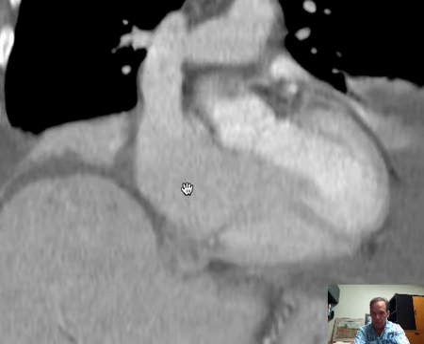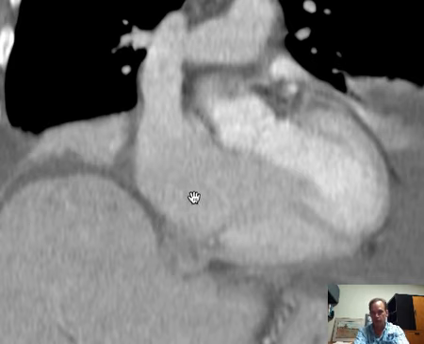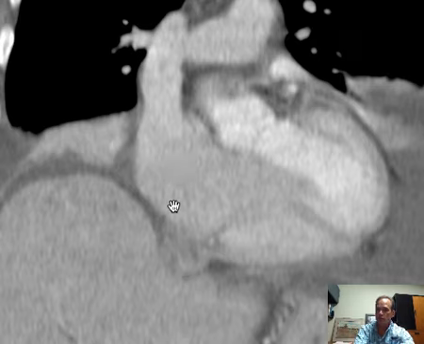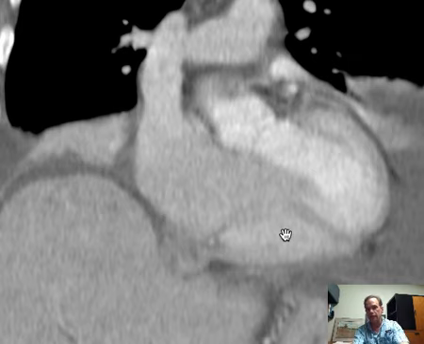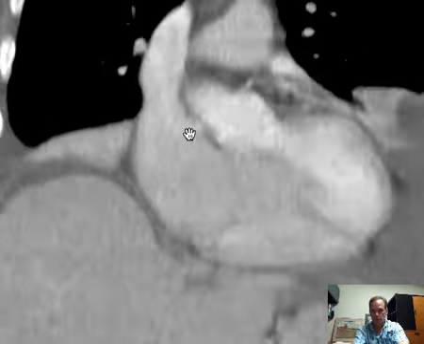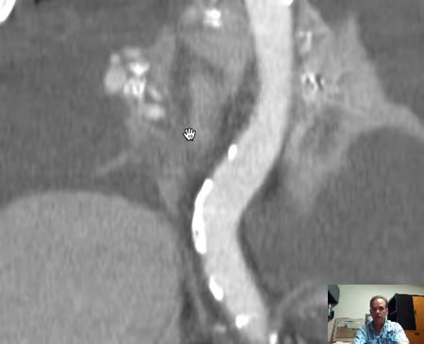And the SVC goes down to the right atrium, and those are the gutters of the deoxygenated blood from the body, which is accumulating into the right atrium and then passing readily into the right ventricle and out to the lungs for oxygenation. Okay, I think that's enough for now.